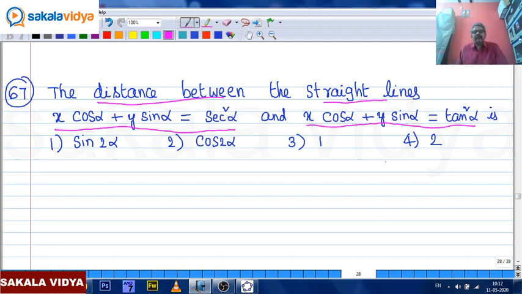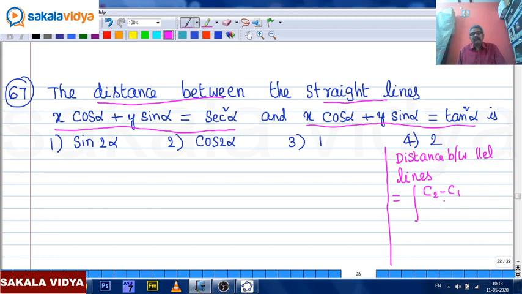So this formula we need to apply: distance between parallel lines is mod of the difference of the constants, c2 minus c1, by root of a square plus b square.